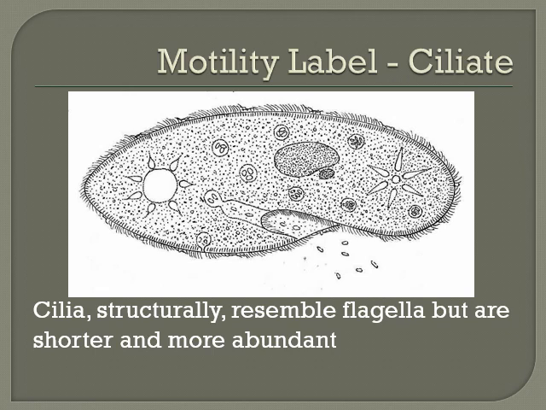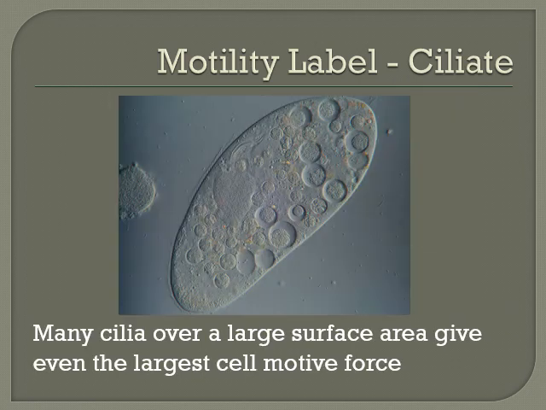Here we have, I don't know, like a fishing boat motor. But instead of having just one, we've got thousands upon thousands of them placed all over the cruise ship. Now the cruise ship will move. That gives this cell a huge motive force. It makes them extremely maneuverable because you've got the cilia all over. It also makes them extremely fast.